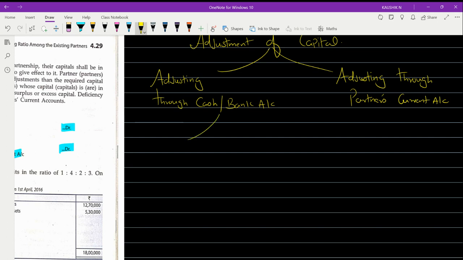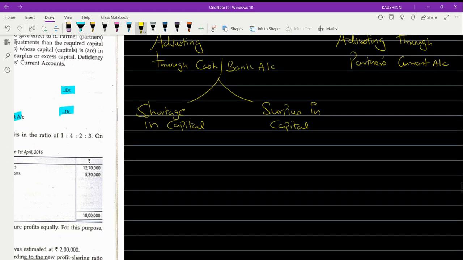So here again we can divide into two: shortage in capital, and surplus in capital. So what is the corrective action?